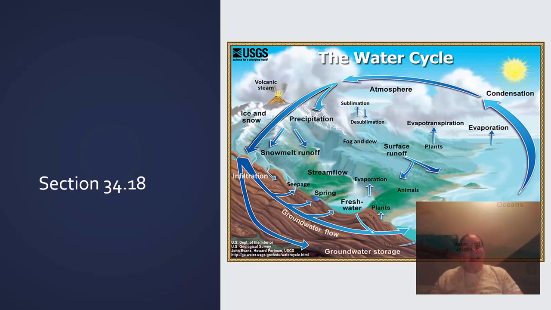When it gets high enough, it starts to cool down. And when water cools down, it starts to condense from water vapor back into liquid water, into droplets. This is where we get rain, sleet, snow. What the water returns to the ground as depends on how cold it gets as it falls.